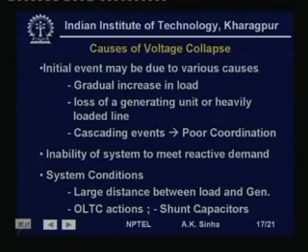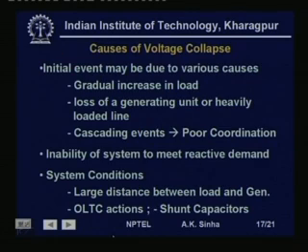Use of shunt capacitors can also create problems because the reactive power supplied by the capacitors reduces when the voltage reduces, and thereby the capacitors cannot supply the reactive power when it is most needed, that is, under low voltage conditions.